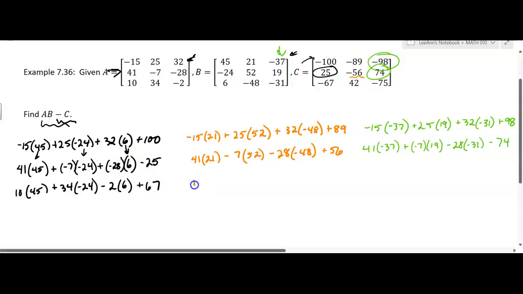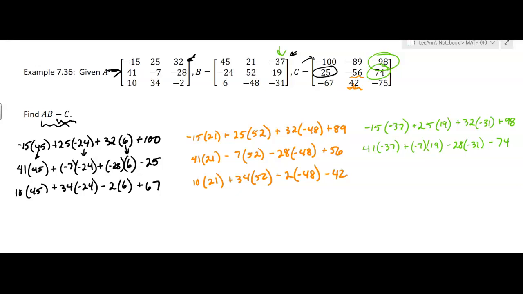And then I'm going to have 10 times 21 plus 34 times 52 minus 2 times negative 48, and then that's going to be minus 42. So that's coming from there. So consistency helps you keep track of everything.